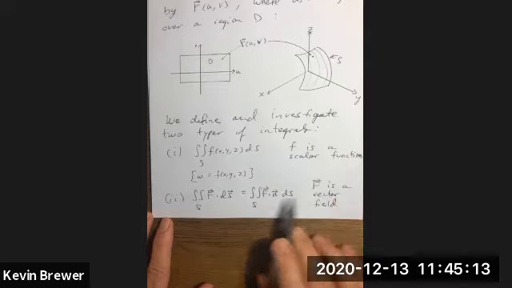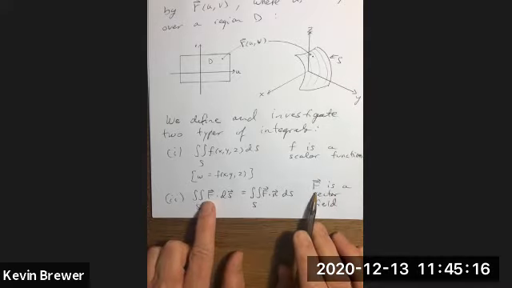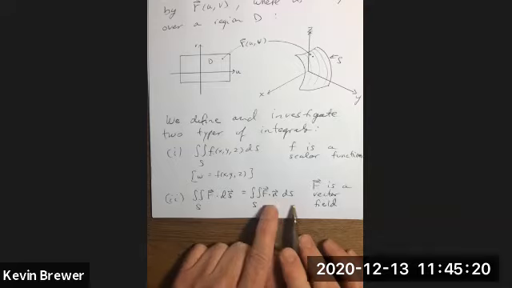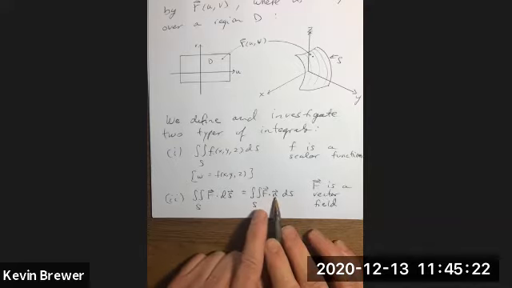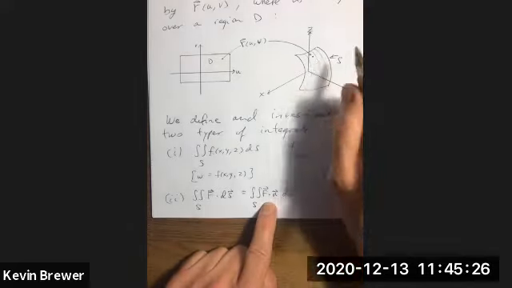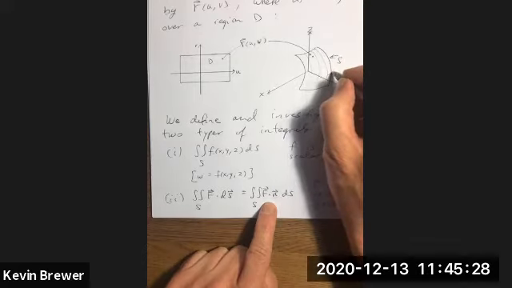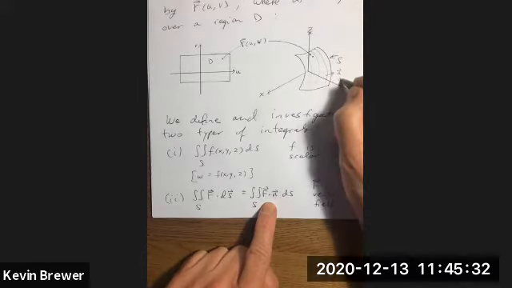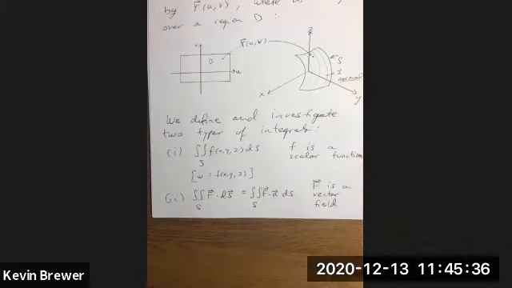I'll note out here that F is a vector field. Since I'm running out of room, you've seen it before. Lowercase n is normal to the surface out here, so we could draw an n like that, relevant for this case here.